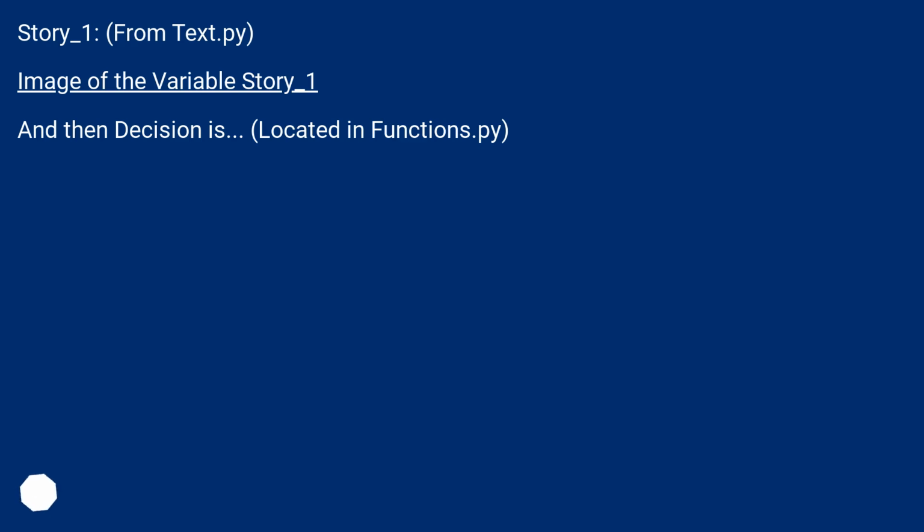Story_1, from text.py, is the variable story_1. And then decision is located in functions.py.